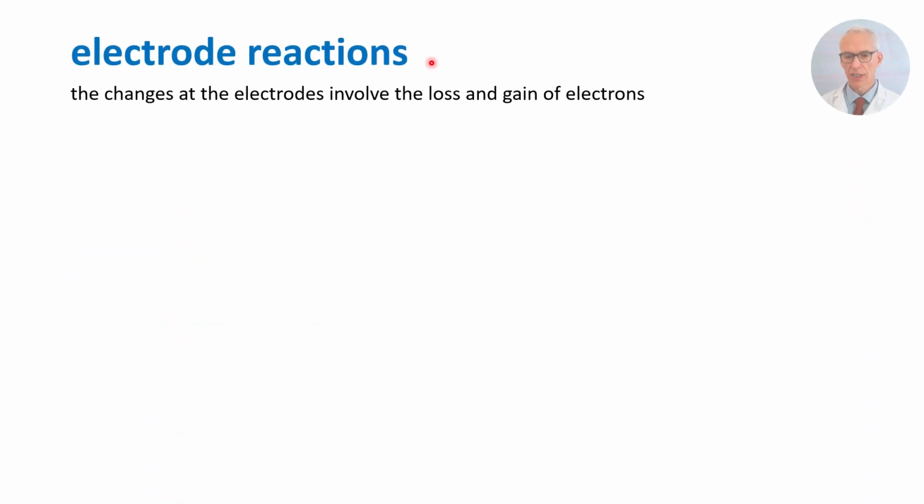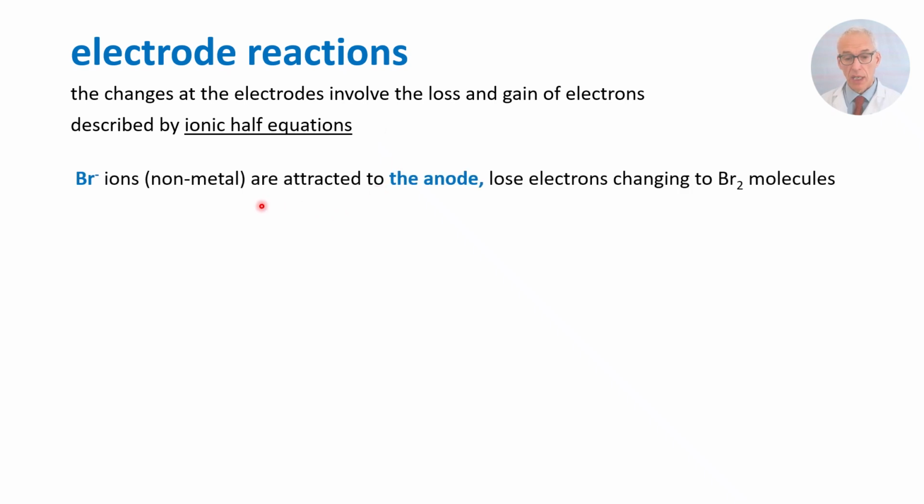So let's consider the changes at each electrode, and these involve the loss and gain of electrons. And we will be writing ionic half equations to describe those changes. Bromide ions are attracted to the positive anode. Opposite charges attract. They lose electrons, changing to bromine molecules.